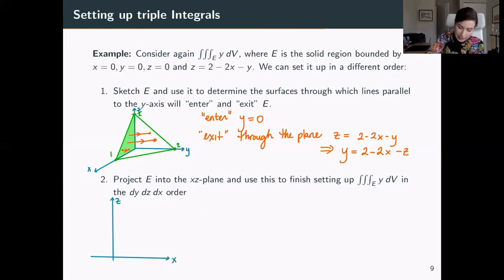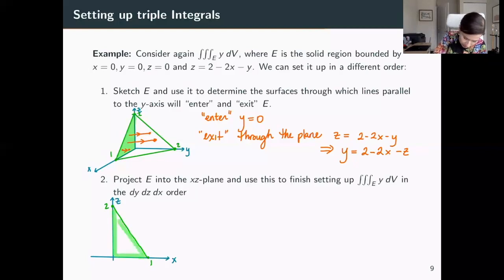And what we're going to end up with is something very, very similar, where I have the value of 2 for my z, a value of 1 for my x. And so the region that I have highlighted in 3 dimensions is here in 2. And we can set things up in the exact same way. So we're going to have the triple integral over this region E of y dv.